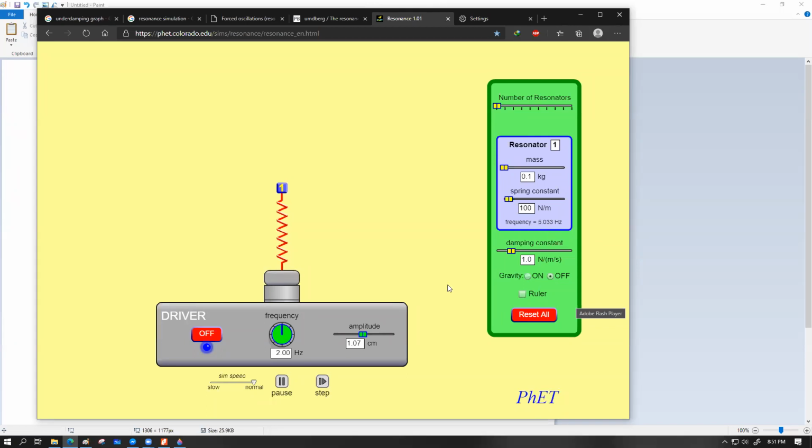Okay, I want to make this a convenient number. Let's say 12. So what do I have to do? Make the object pretty light or the spin constant pretty large. Okay, spin constant really large. And if we go, okay, 12.